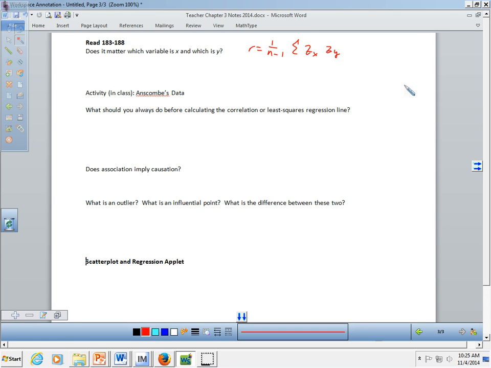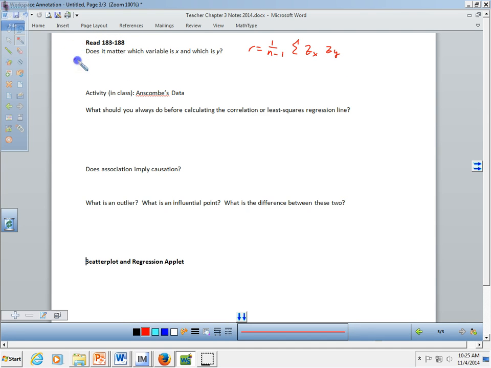We multiply the z-score of x times the z-score of y, do that for all of our points, add up all those products and divide by n minus 1, and that will get you R. Well, if we flip-flop x and y, is it going to affect correlation? Is the z-score of x times the z-score of y the same thing as the z-score of y times the z-score of x? The answer is it's going to be the same.